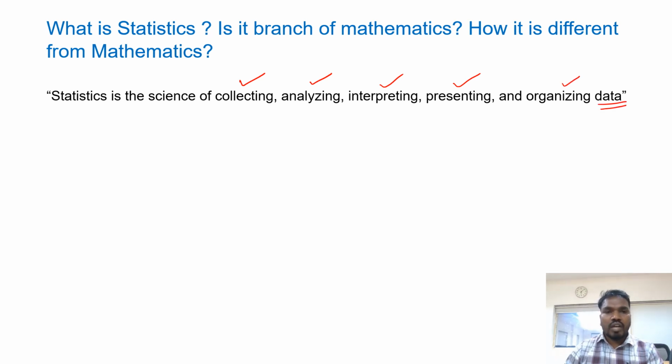When you study statistics, generally we follow these steps: the first one is collection, analysis, then interpretation, presentation, then organization of the data.